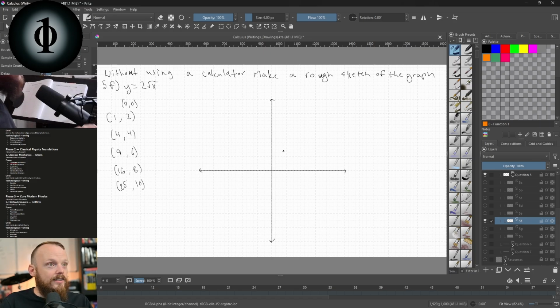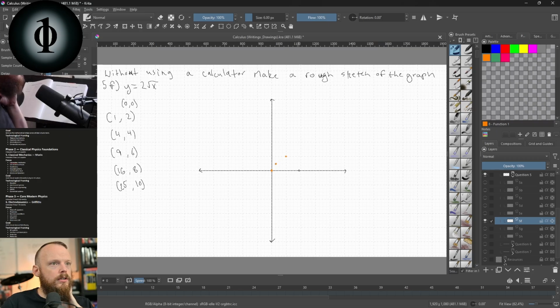I've got to figure out how to set that up because I don't want to have to switch every time. All right, we got a 0, 0. And then we've got a 1, 2. Then we've got a 4, 4.